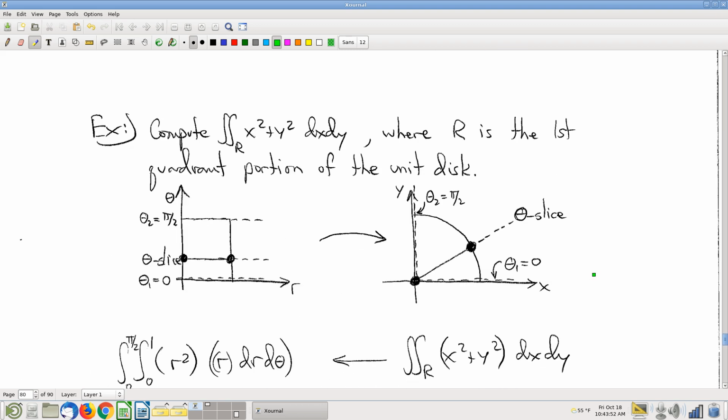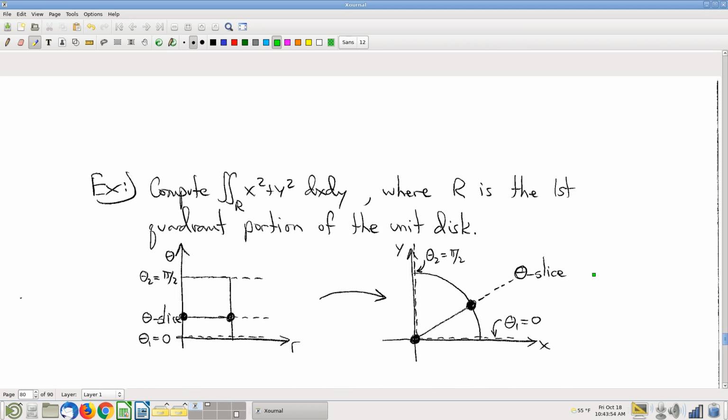The best way to get the feel for this kind of thing is to actually just get your hands dirty and do some examples. So here we go. Let's look at this question. We have a domain R that's the first quadrant portion of the unit disk. So there's a domain.